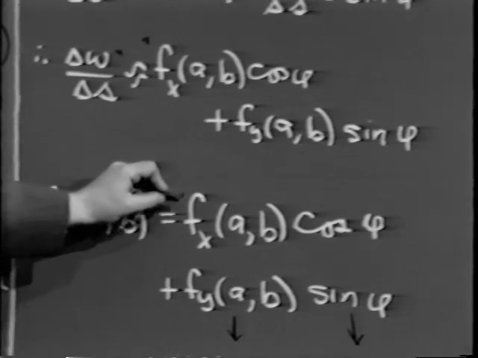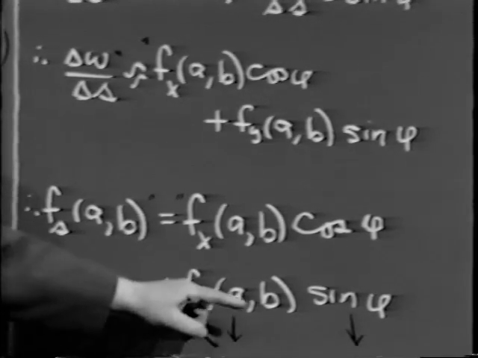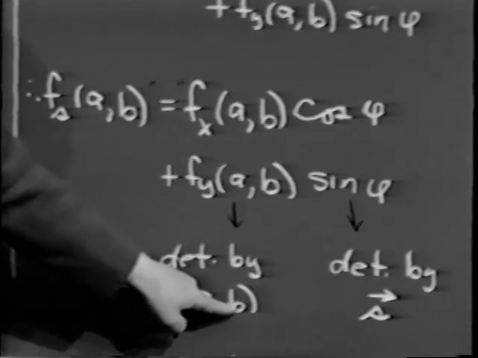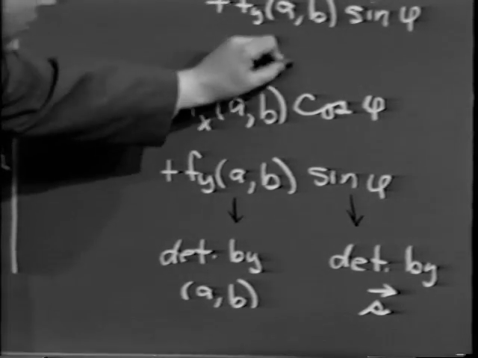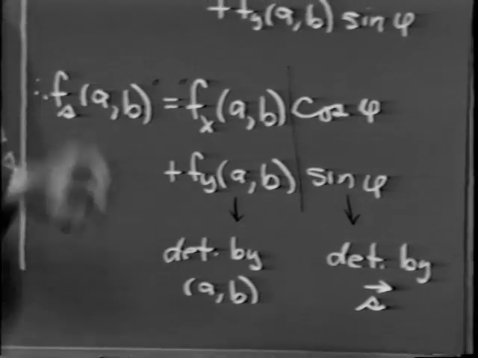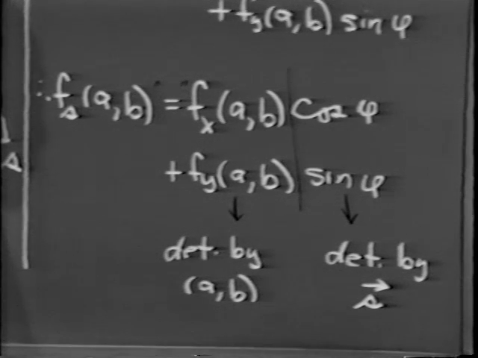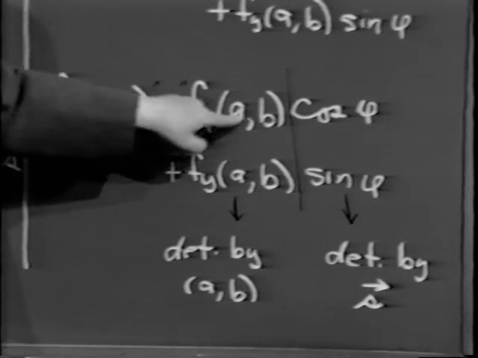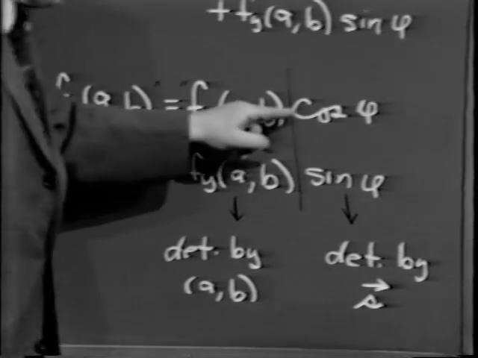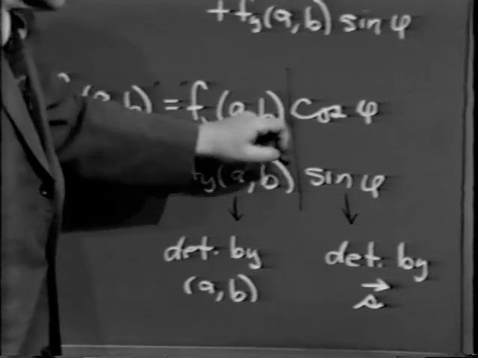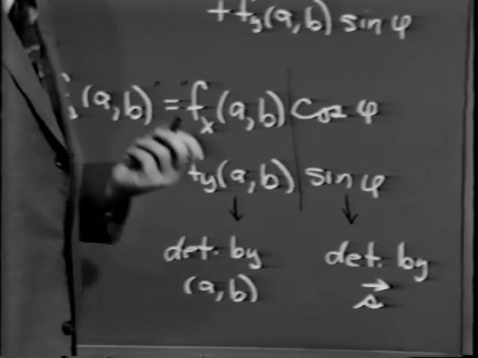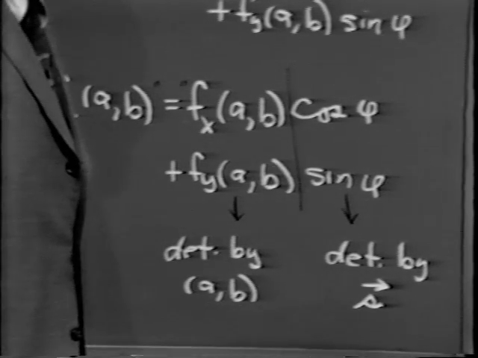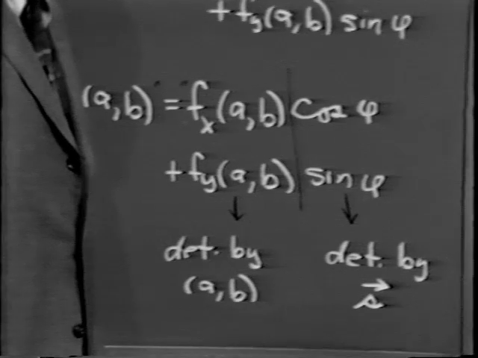And what I'd like you to notice is that in these two terms, one factor of each term is determined solely by the point (a, b). In other words, notice that these two factors here are just partial derivatives and have nothing to do with direction. They're determined solely by the choice of the function f and the point (a, b). On the other hand, notice that these two factors, cosine phi and sine phi, have nothing to do with f and have to do only with the direction s itself, which again should make intuitive sense to you.